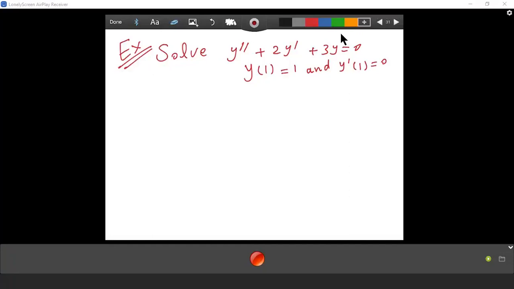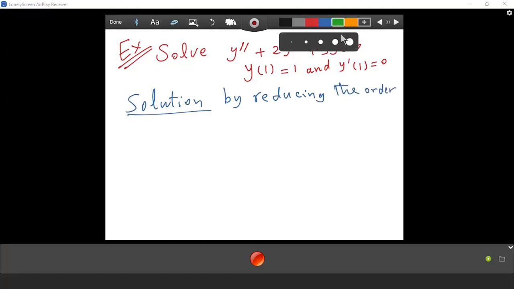How to solve this one in general? I can reduce the order. How can you reduce the order?